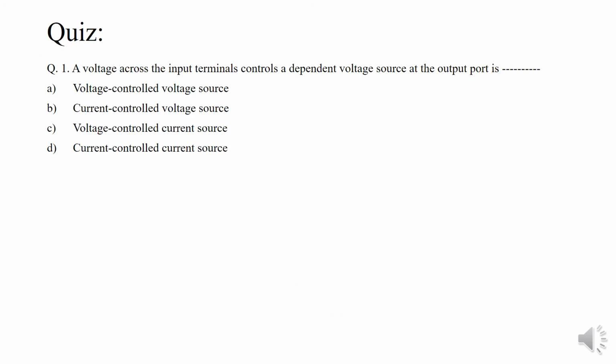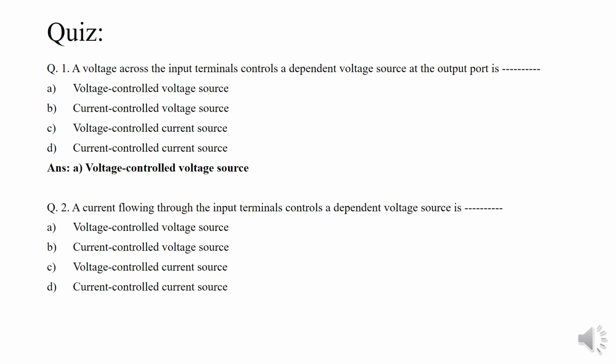If a voltage across the input terminal controls a dependent voltage source at the output port, then it is, right, voltage controlled voltage source. Second question, a current flowing through the input terminal controls a dependent voltage source, that is, yeah, current controlled voltage source.